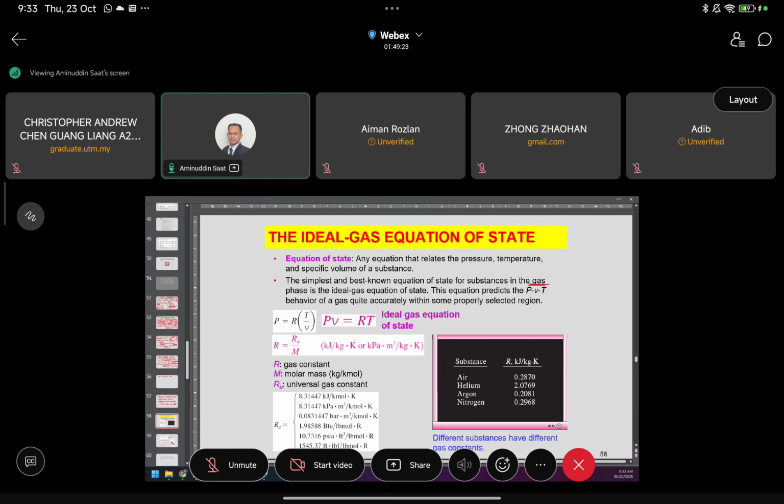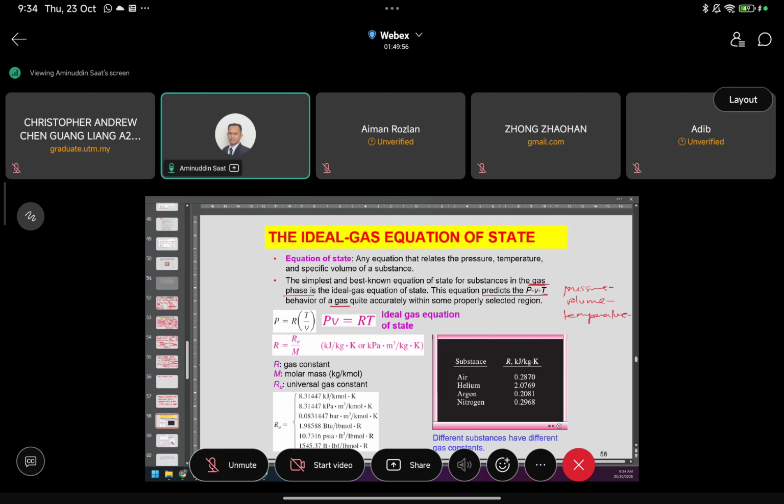This equation is used to predict the PVT, pressure, volume, temperature relation of a gas.